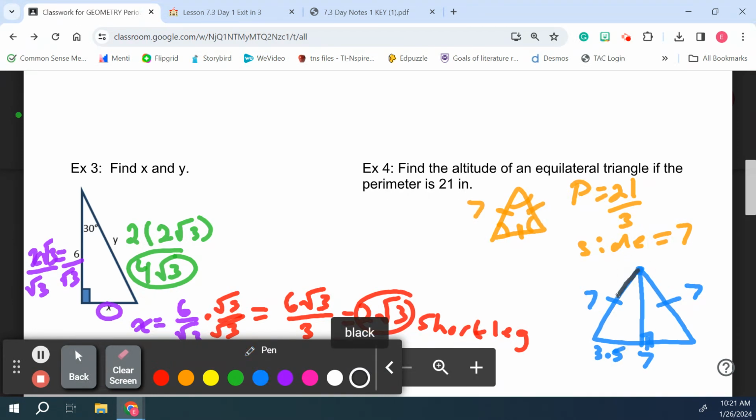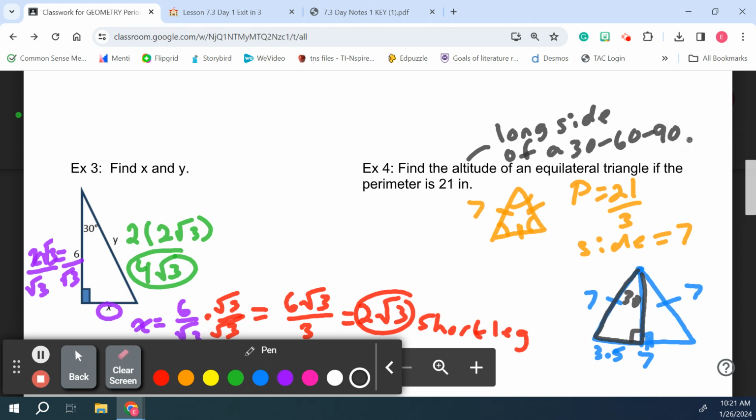So I'm going to focus in just on this triangle. Now, if this is 90, and this is my short side, that means this is 30, okay? And here's my hypotenuse of 7. This altitude, in this case, is the long side of a 30, 60, 90 triangle.